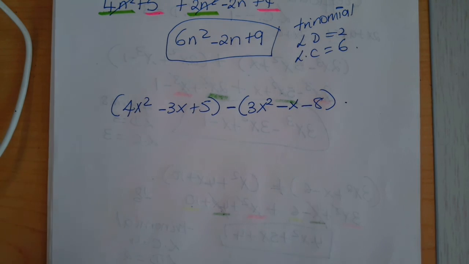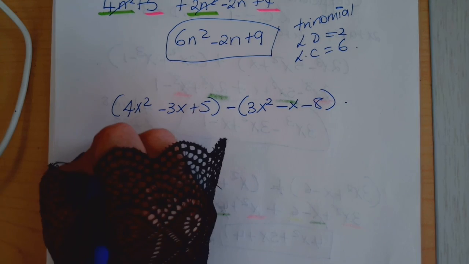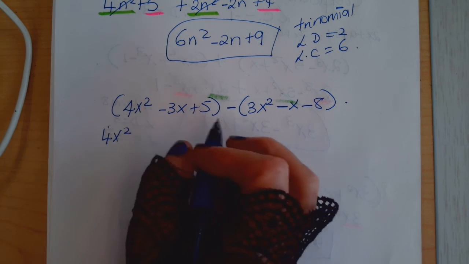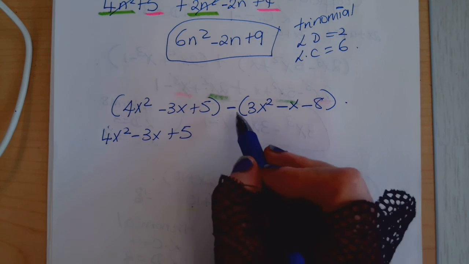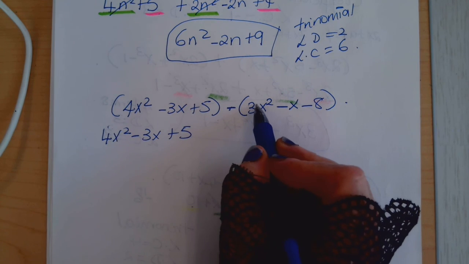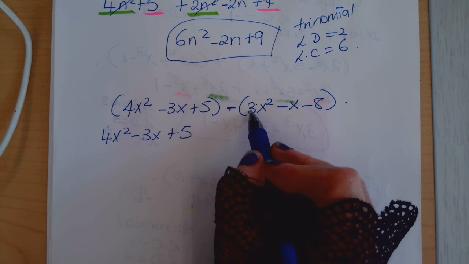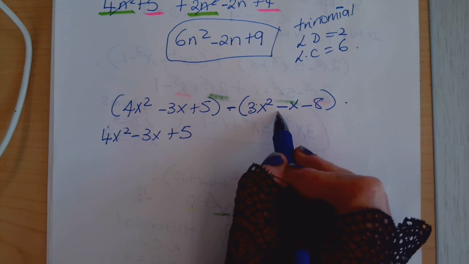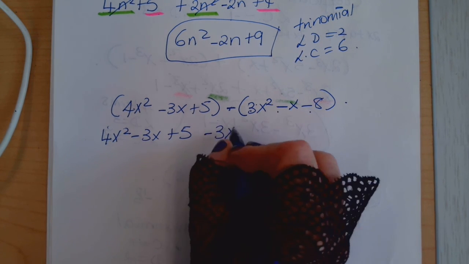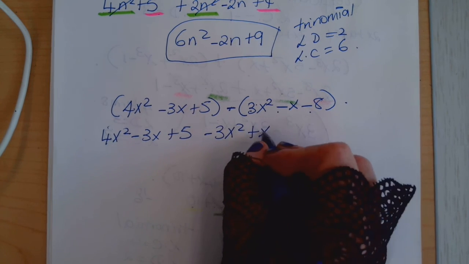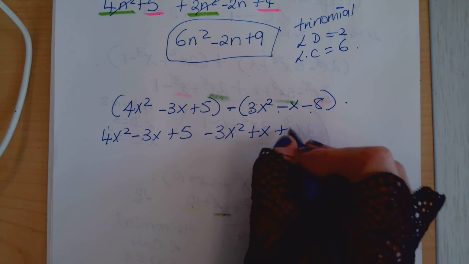Okay, so I'm going to write the first one. It stays the same. 4x squared minus 3x plus 5, and this is where I have to be careful. So I have a subtraction, so that means this will become a minus, this will become a plus, and this will become a plus. So I do that first. I rewrite it so it's correct. I just change all the signs.